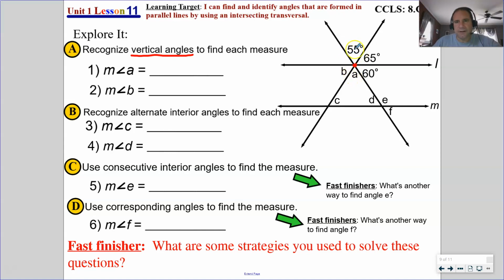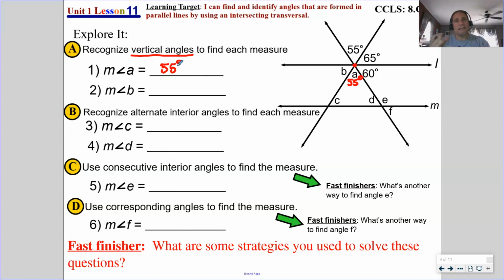So this is 55 degrees. What do you think A is? I'm pausing so you can put down the answer. Yes, it is 55 degrees. So please put 55. These are vertical angles, the same measure.